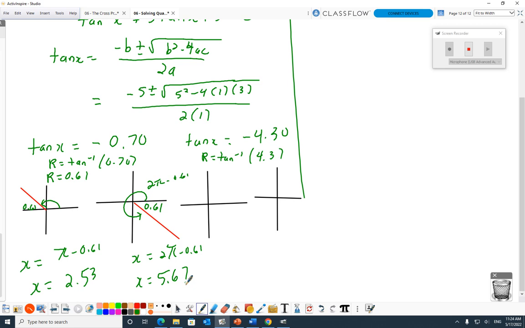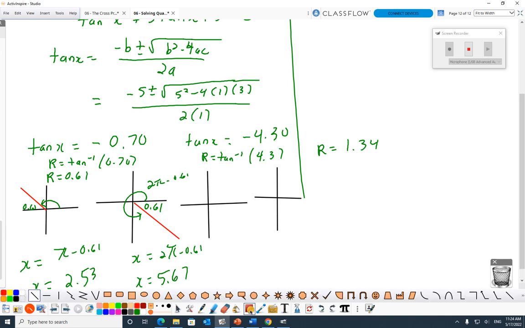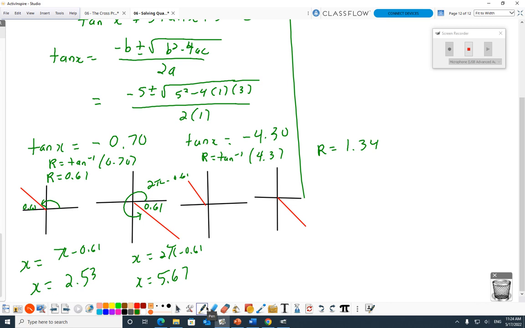So I'll do it one more time over here. Tan inverse of 4.3, I'll write it over here. R equals tan inverse 4.3, 1.34, which looks completely weird. But for radians, it's okay. And if I want the tan negative quadrants, it's the same. Both were negative. Oh, isn't that interesting? This question worked out that it was the same quadrant. So here and here, related acute angle 1.34, 1.34.